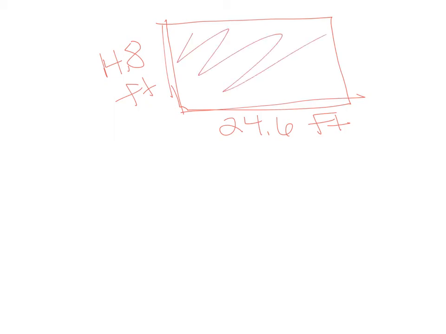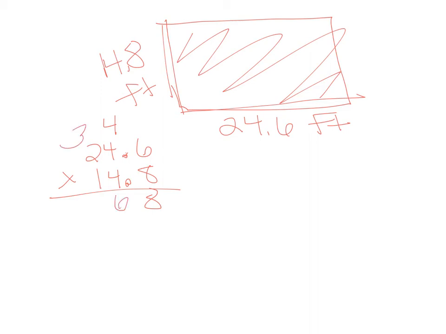I'm looking for the area, the inside of that, and I multiply. So 24.6 times 14.8. 8 times 6 is 48, carry the 4. 8 times 4 is 32, plus 4 is 36. 8 times 2 is 16, plus 3 is 19. I'm done with the 8, I cross it out, and I put a placeholder.